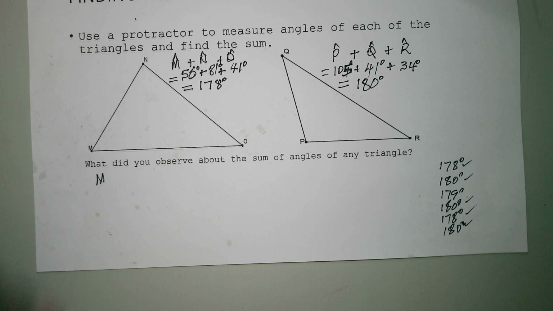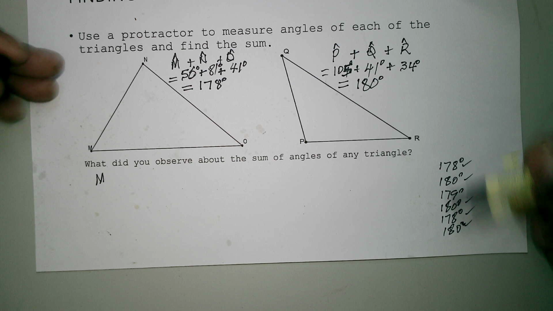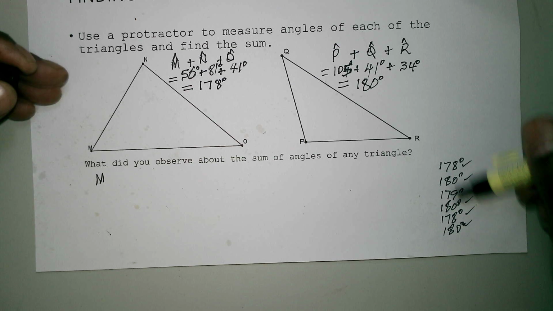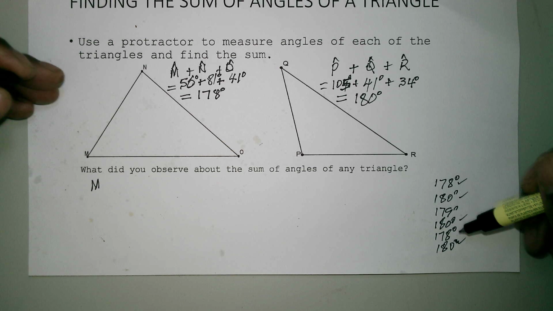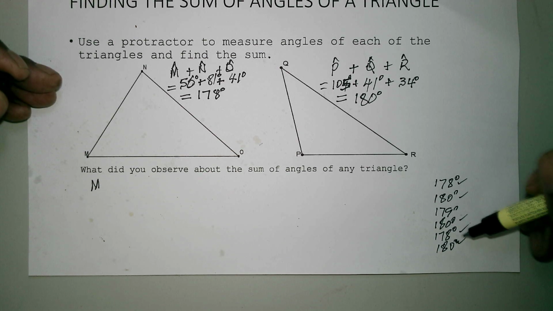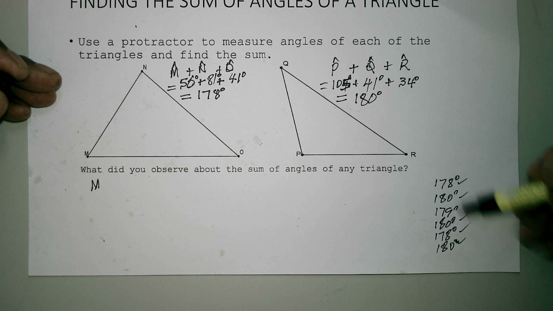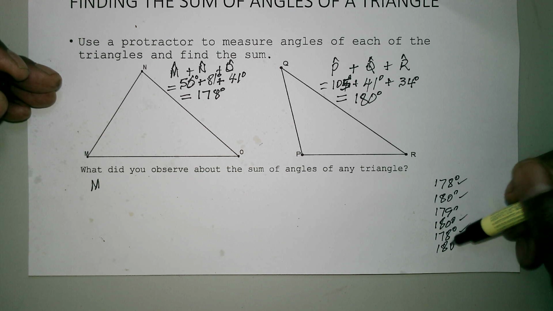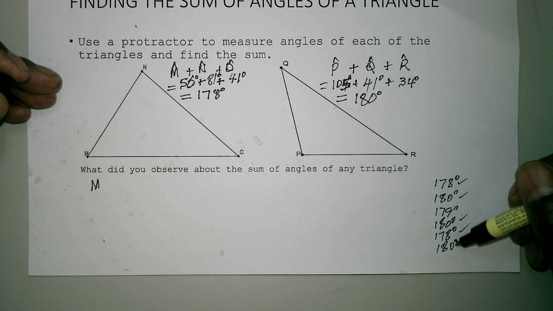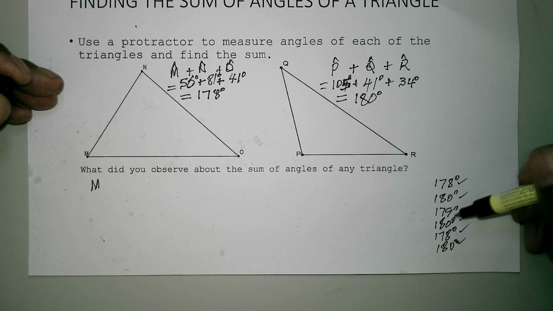Even 179 is close to 180. We cannot simply use this number of triangles, 1, 2, 3, 4, 5, 6. We can go for 100 triangles, measure the angles, add them and be able to generalize.